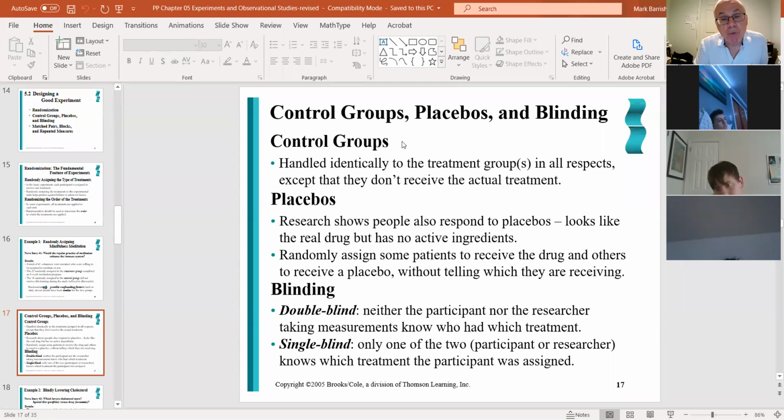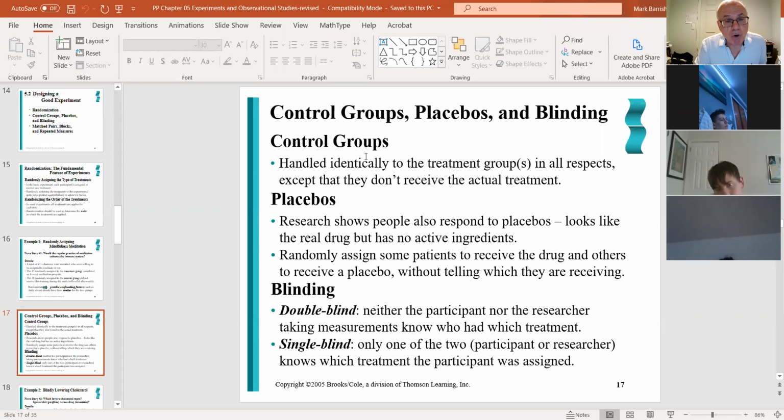You have a treatment group, the people who are going to receive the treatment, and you have a control group. The control group should be identical to the treatment group in all other respects, except for the fact that the control group is not receiving the treatment. In the case of the meditation example, the control group would be those who do not receive the meditation.